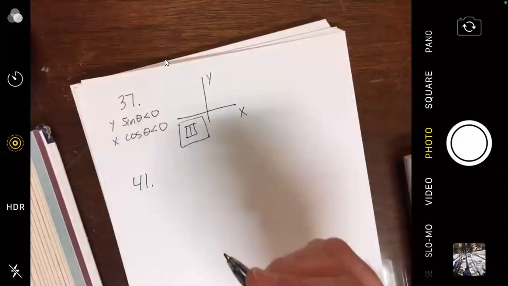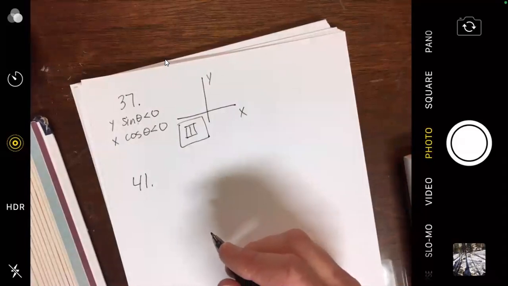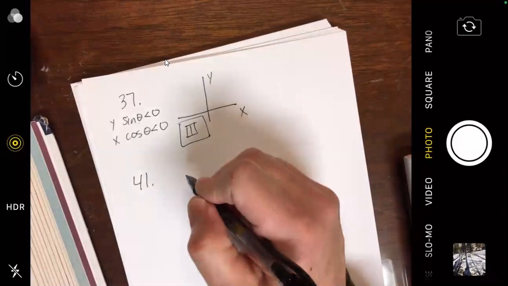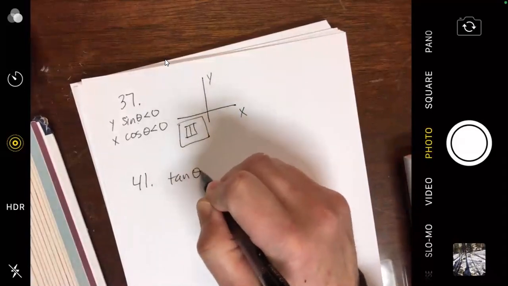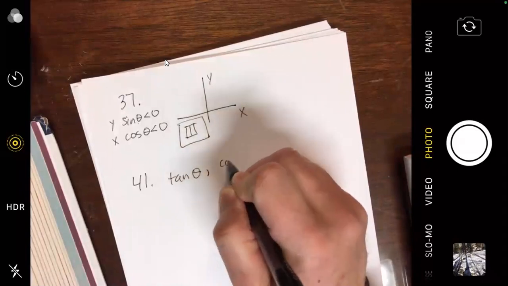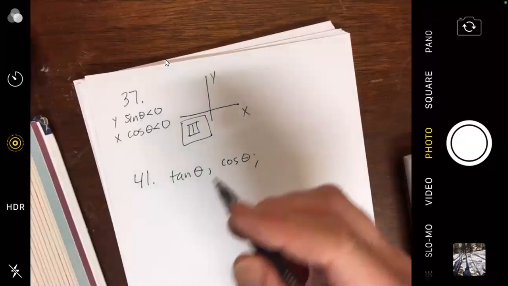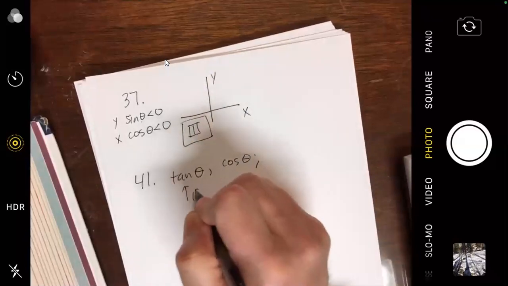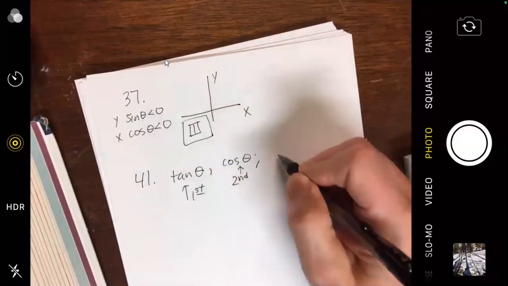All right, this gets a little tricky. They give you a tan theta, comma, cosine theta. This is first, second. This is a little tricky to interpret their directions.